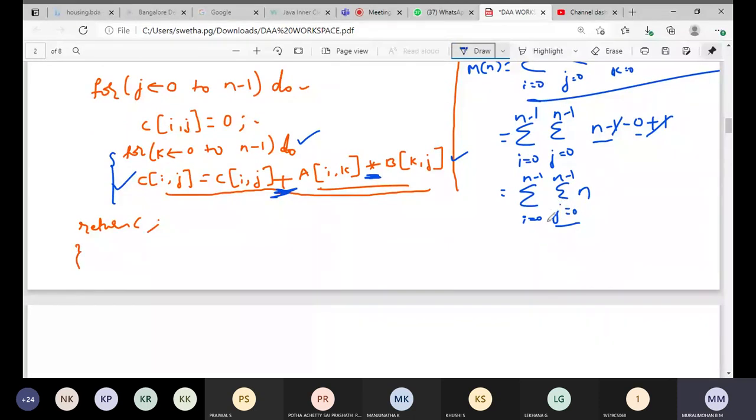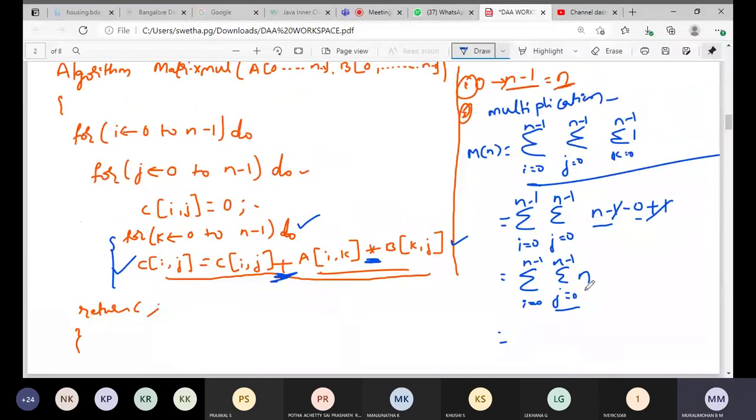When we simplify the k loop, we get the answer n. Similarly, if I simplify j equals 0 to n minus 1, again we get n. So this will be i equals 0 to n minus 1, and this n and this n will be as they are.